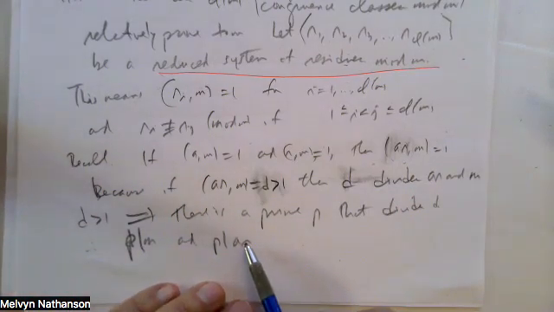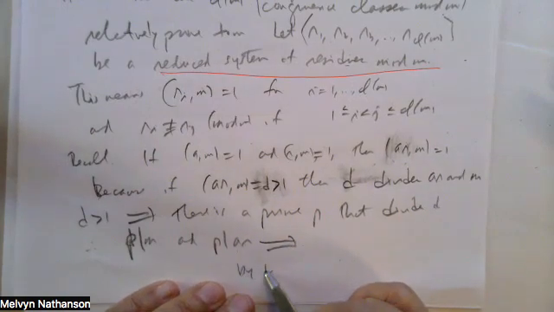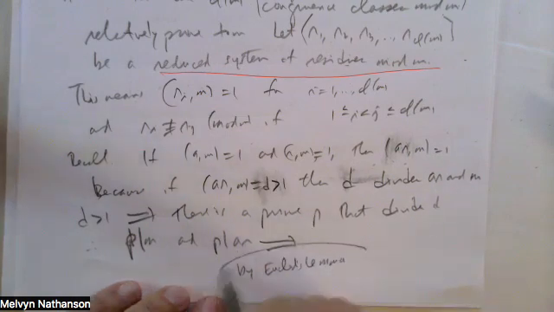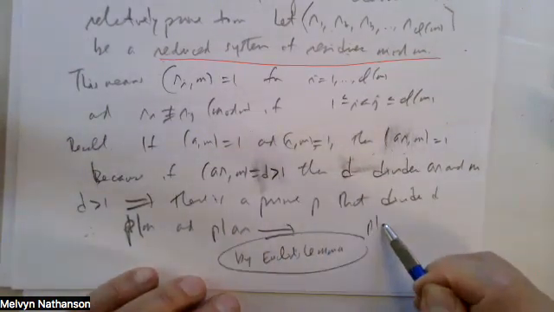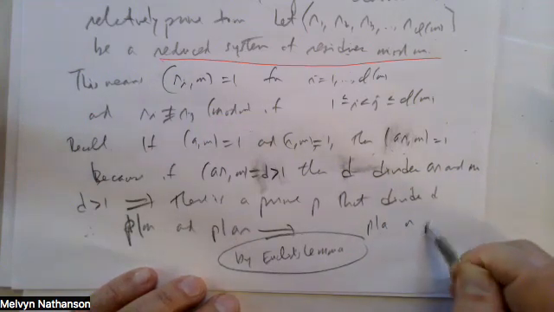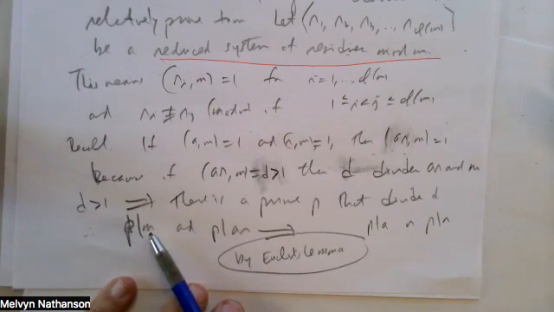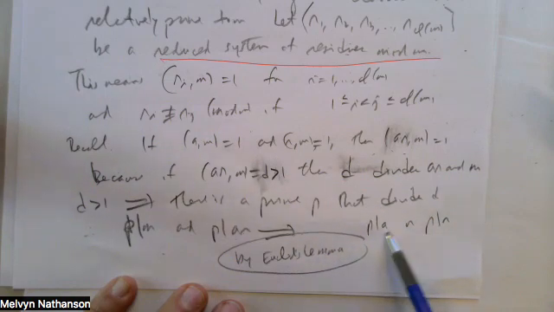But if a prime divides a product of two numbers, then by Euclid's lemma, it divides at least one of them. So P divides A, or P divides R. But then this prime divides both M and A, or both M and R. And that contradicts the fact that M is relatively prime to both A and R.